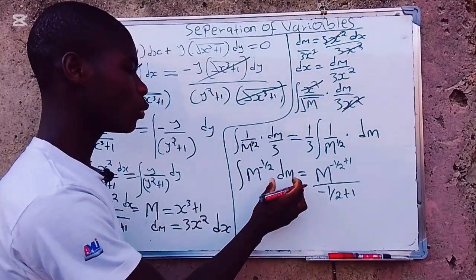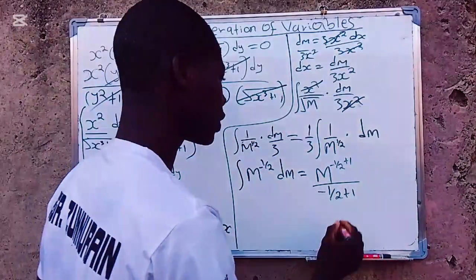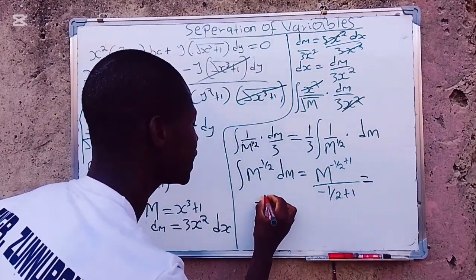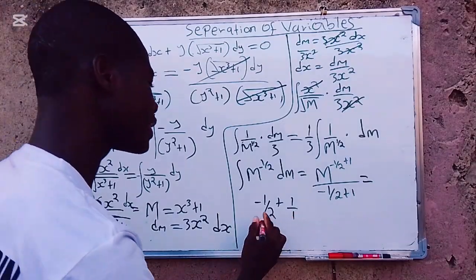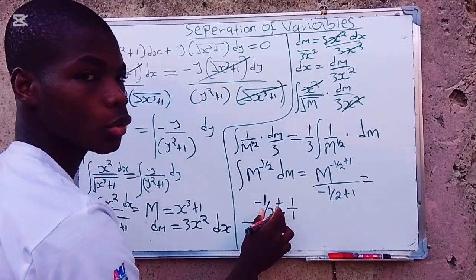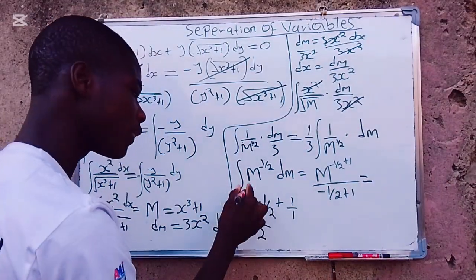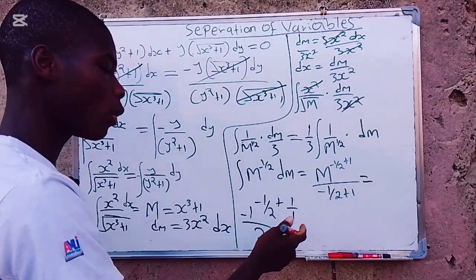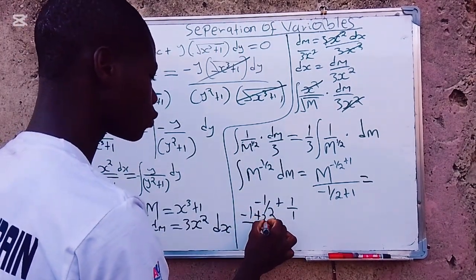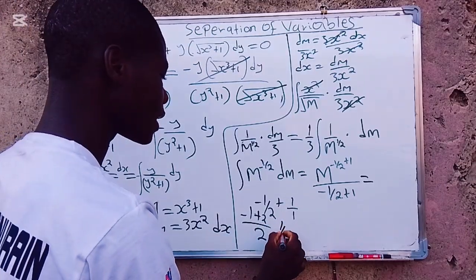Negative a half plus 1, what is the LCM? The LCM is 2. 2 into 2 is 1, 1 multiplied by negative 1 is negative 1. 2 into 1 is 2, 2 multiplied by 1 is 2. Minus 1 plus 2 is the same thing as a half.